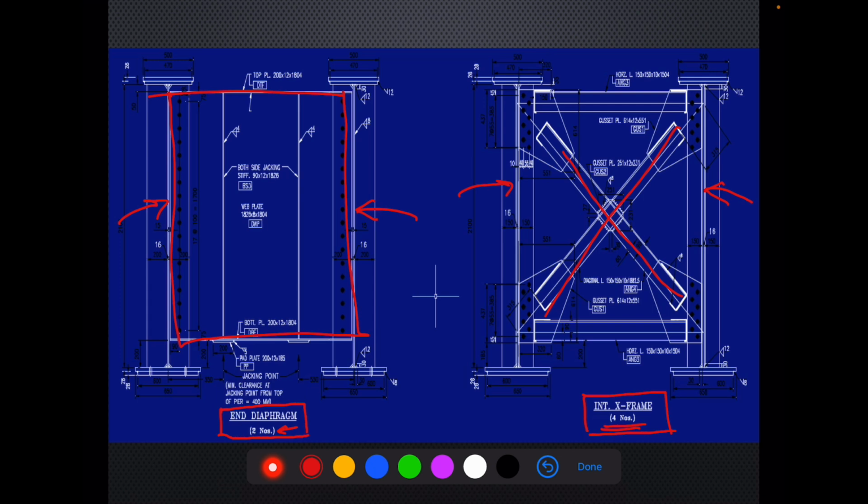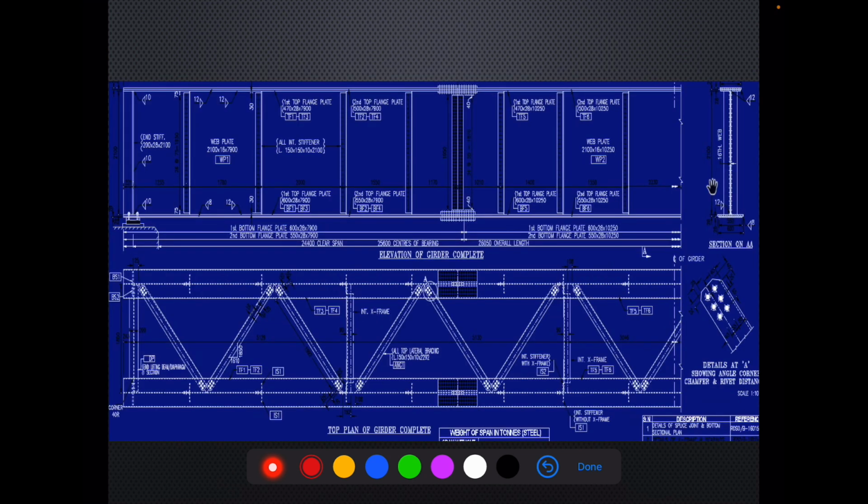And we can also see that this plate girder has stiffeners. So this is the basic arrangement of plate girders. The upper figure is the half section of the elevation of the girder.